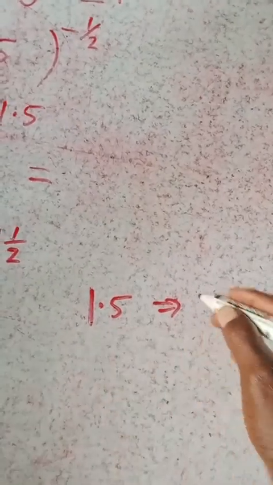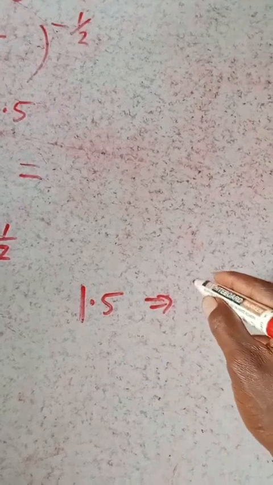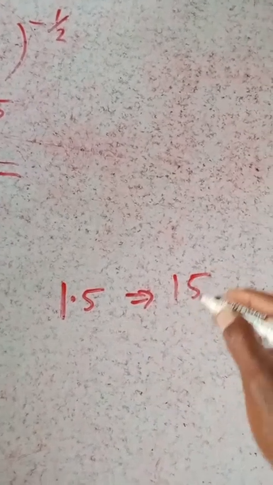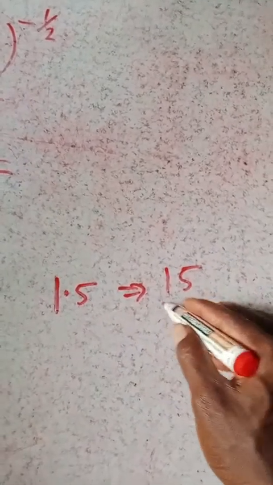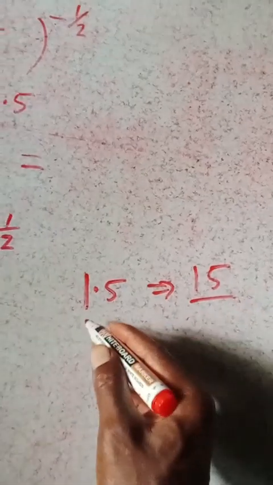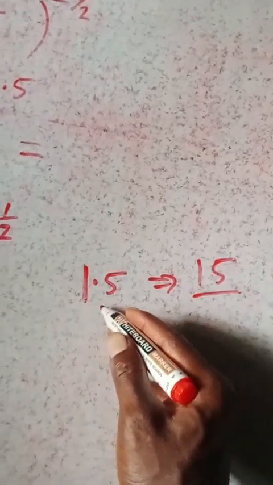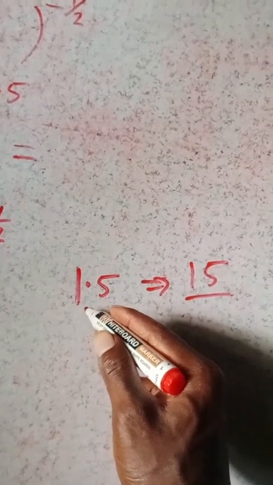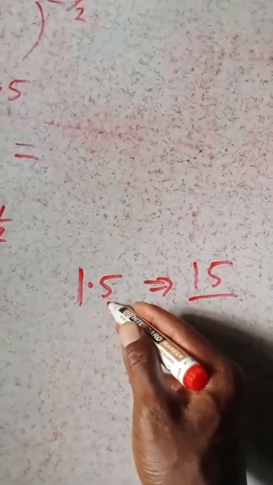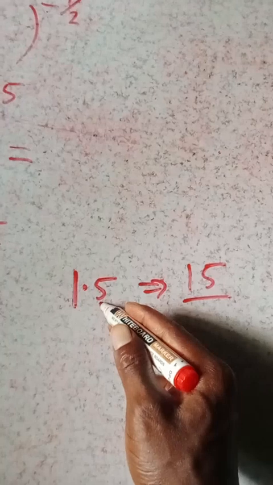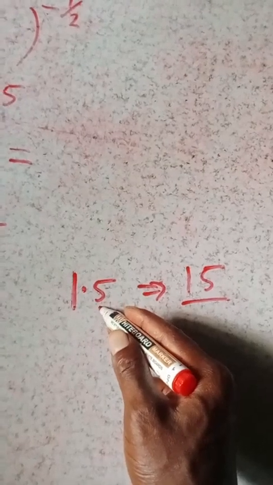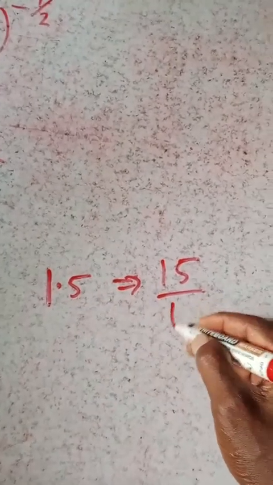Here 1 is significant, 5 is also significant, so we write 1 and 5, which is 15. Then we go back to the decimal and see how many decimal places are here. It's just one. If it is one decimal place, we are going to divide by 10, so we have 10 here.